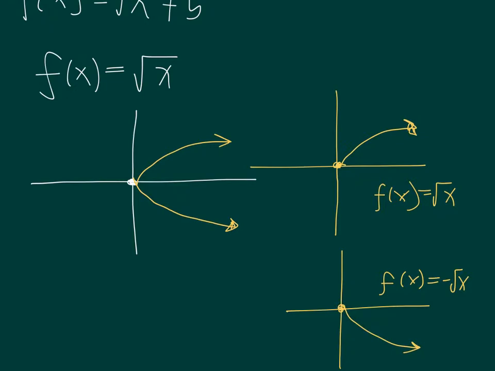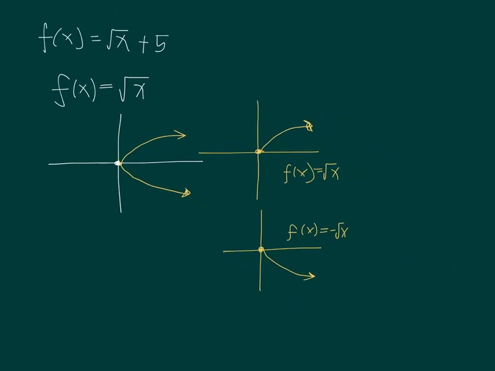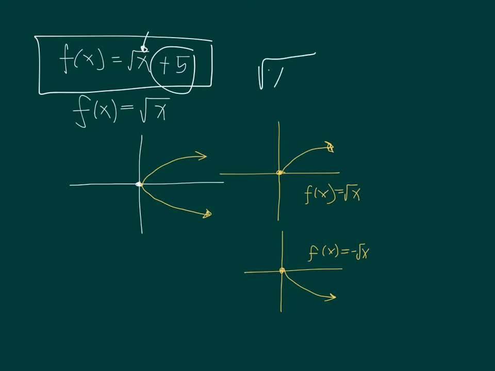Okay, so if we are graphing square root of x plus 5 and we follow the idea on how we graph the other functions, now the plus 5 is added to the square root of x. Note we are not adding 5 inside the x, like it's not square root of x plus 5.